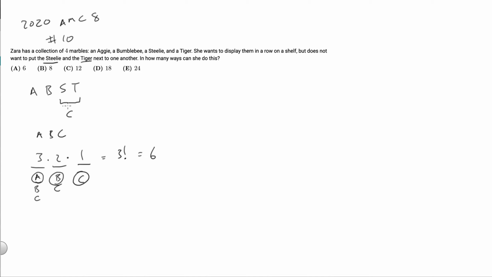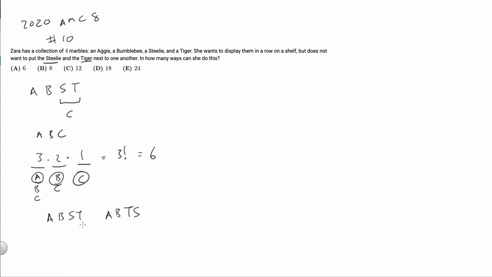But that's not where we stop for the cases with S and T next to each other, because remember, C is just S and T next to one another. And so to fulfill this, instead of ABST, we can also have ABTS. So for every 1 possibility here, we can also switch T and S to make 1 more.